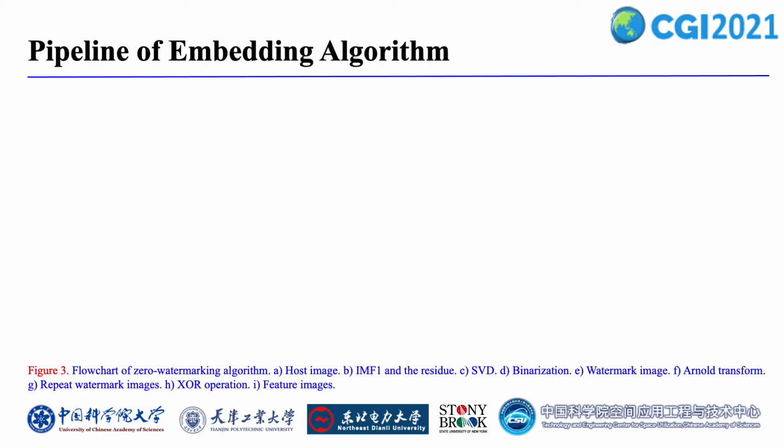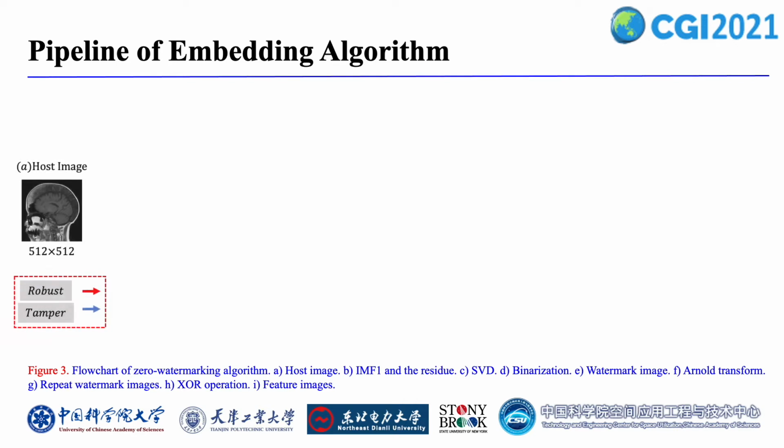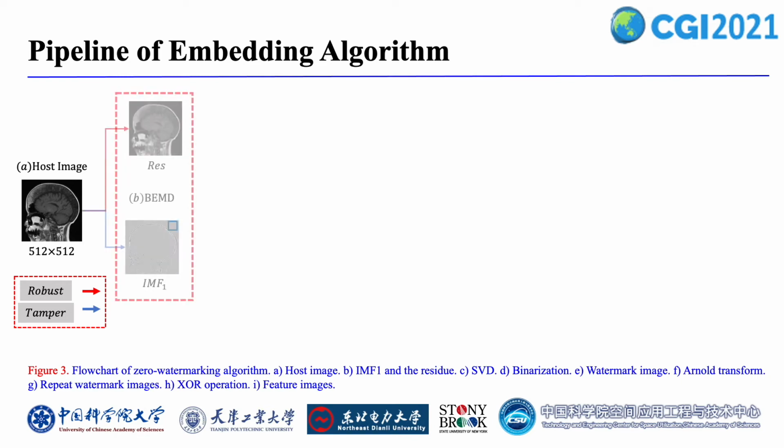Figure 3 illustrates the overview of the newly proposed algorithm, taking the scale as the host image and the elephant as the watermark image. The host image, Figure 3a, is first decomposed into the multi-scale representation of IMFs and a residue by BEMD, Figure 3b.